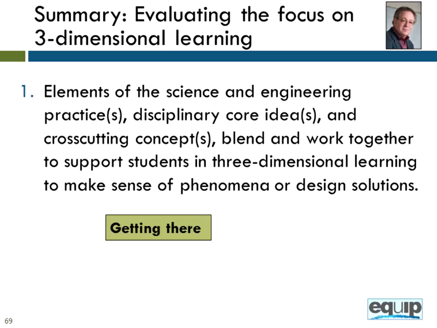We've got a nice blending of the practice and the disciplinary core idea. They are really working together here. You're not just writing the explanation because we were told to. The explanation is really helping us get at the phenomena that we just saw and getting to the important science content. But the part that we would want to improve is the connection to the cross-cutting concept.